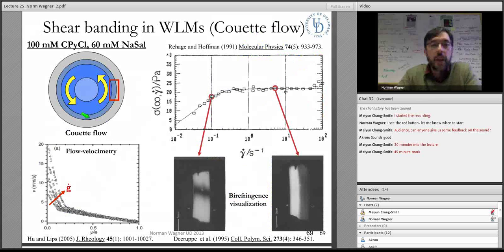So I'm very interested in these shear banding worm-like micelles, for technological and scientific reasons. The technology is really based on the fact that if I make a plot of the shear stress as a function of shear rate, remember for a Newtonian fluid this would be linear, which is what we see at low shear rates, but at high shear rates, with very small changes in shear stress, we can jump orders of magnitude in shear rate.